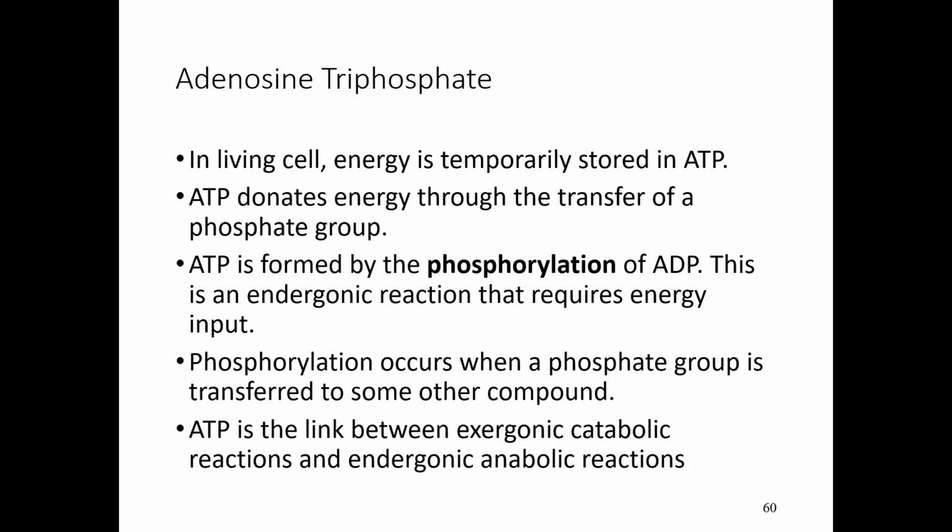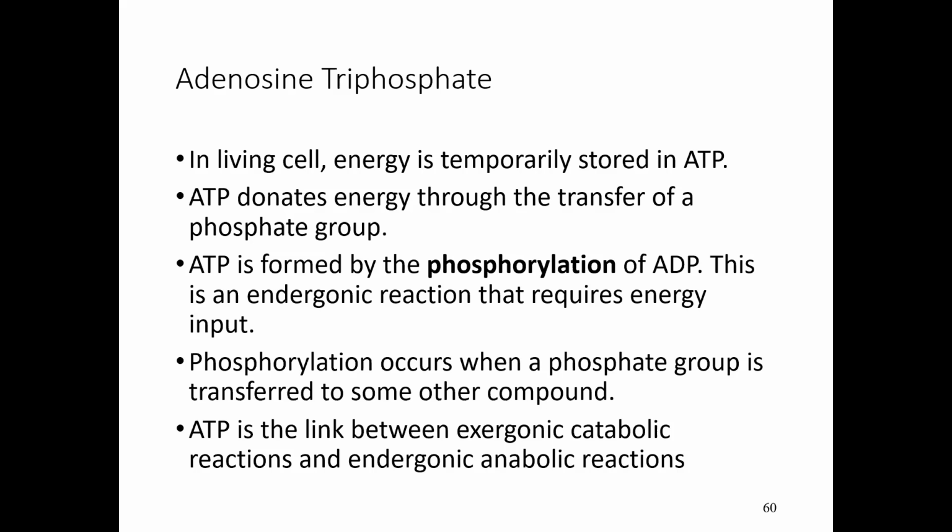Now, we make ATP by phosphorylation. It doesn't matter whether it's substrate level or oxidative. We make ATP by forcing a third phosphate onto the adenosine diphosphate, using energy to force that third phosphate in there, making a high energy bond. The bond holds the phosphate on there.